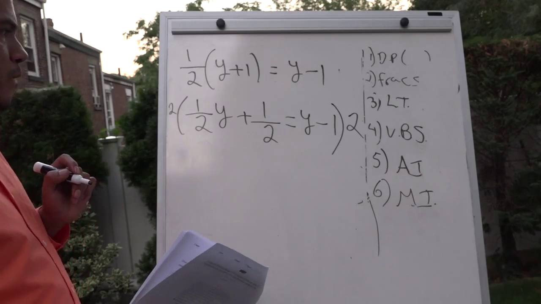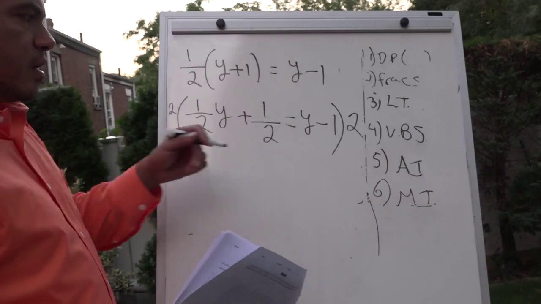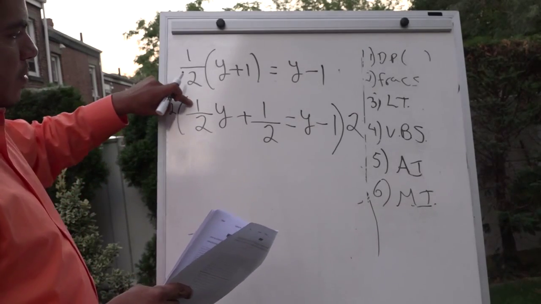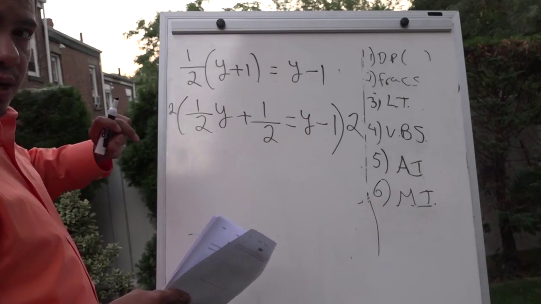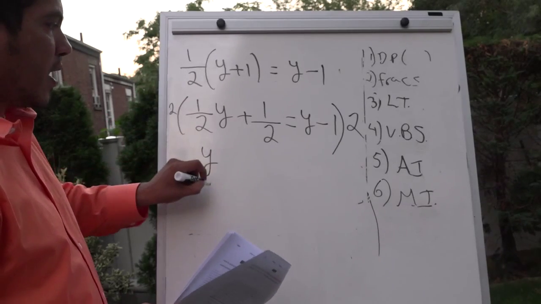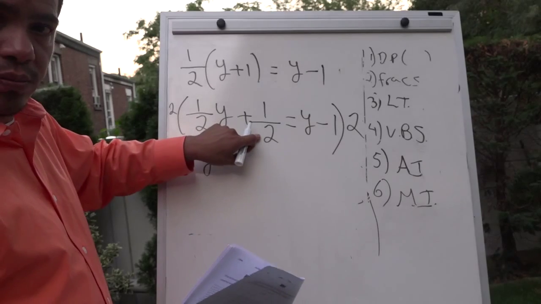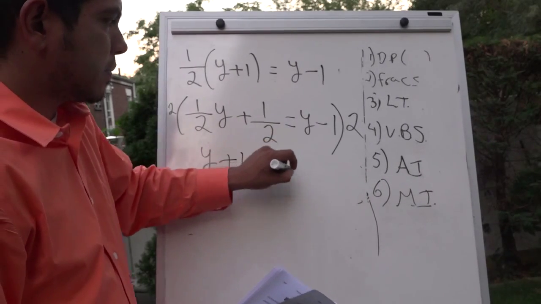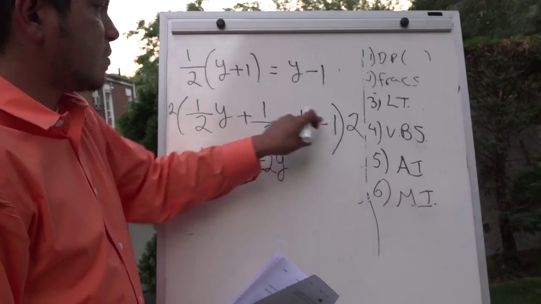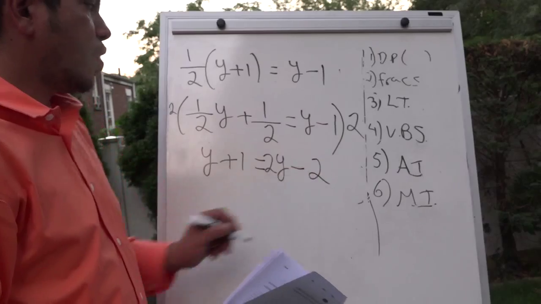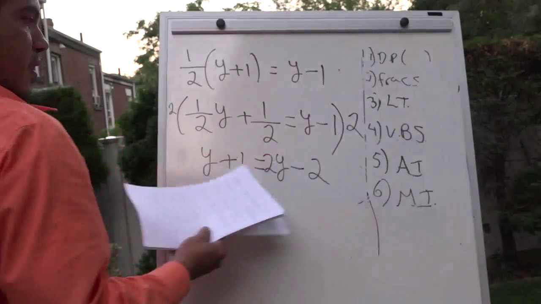Okay. How did I get 2 as my common denominator? All right, so 2 times 1 is 2, divided by 2 is 1. Or 2 divided by 2 is 1, times 1 is still 1. 1y. 2 divided by 2 is 1, times 1 is 1. 2 times y is 2y. 2 times 1 is 2. Okay. Like terms. Nope.